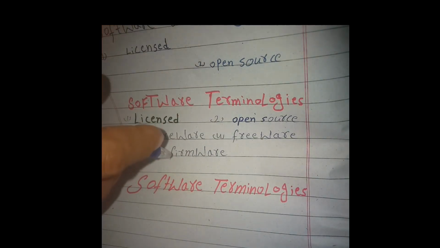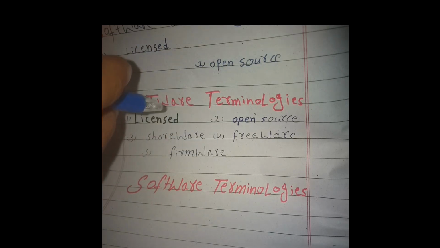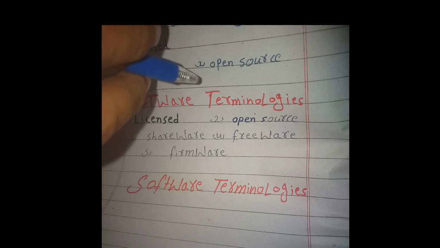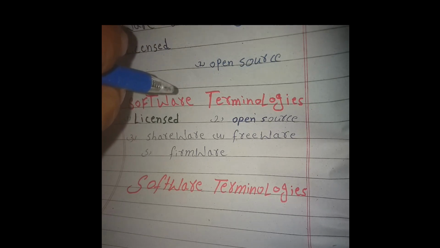Number five, firmware. Firmware software. What is firmware software? It is the term often used for a fixed small program in hardware that controls various electronic devices.